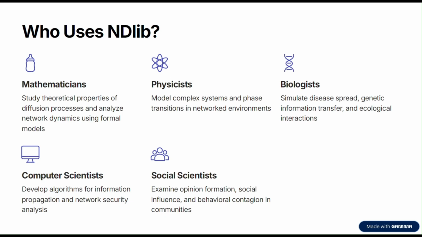Physicists model complex systems and phase transitions in network environments. Biologists simulate disease spread, genetic information transfer, and ecological interactions. Computer scientists develop algorithms for information propagation and network security analysis. Social scientists examine opinion formation and social influence in communities.